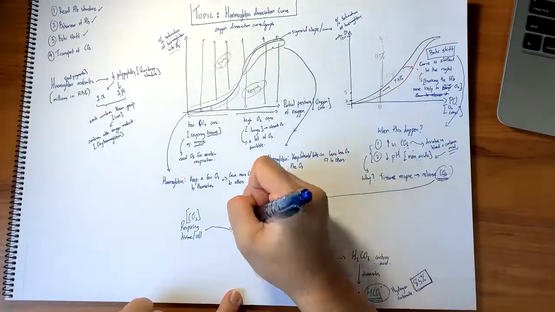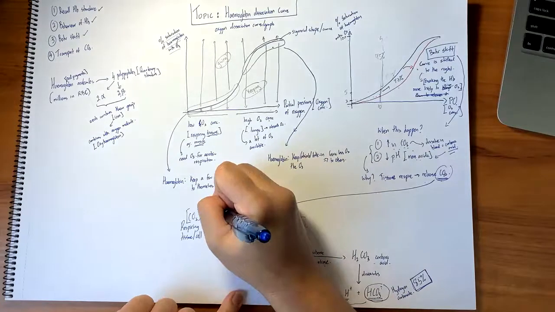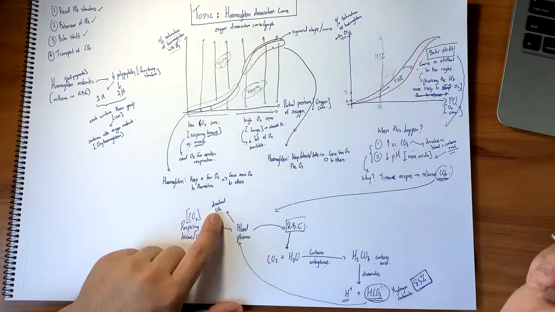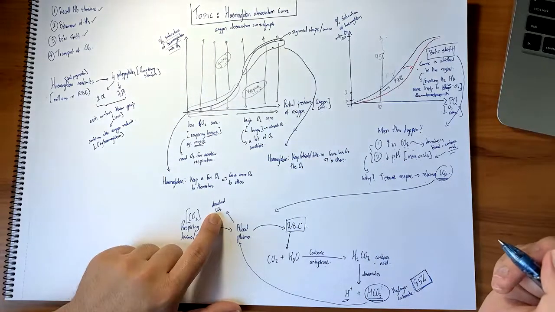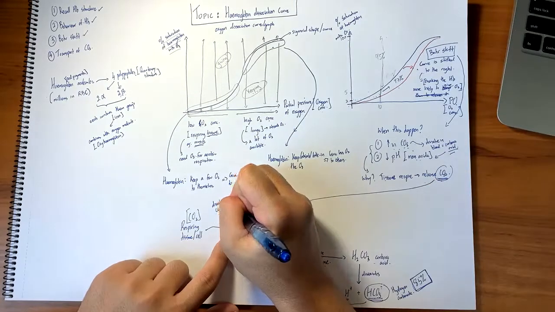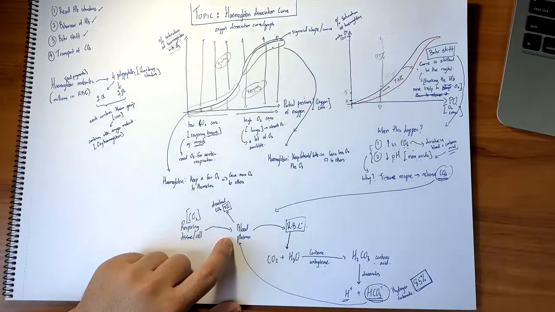So what remains in your blood plasma will remain as dissolved CO2. Okay, so they will remain as dissolved CO2, and this is only about 5%. So this is one form.